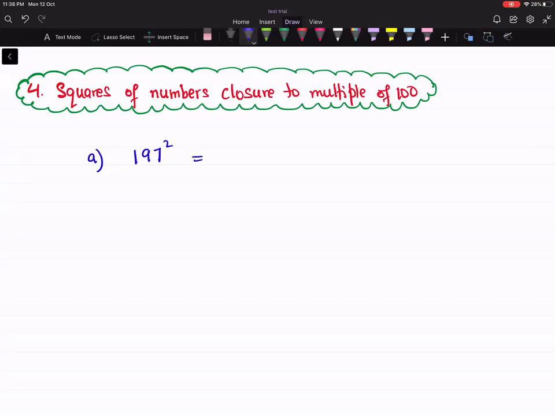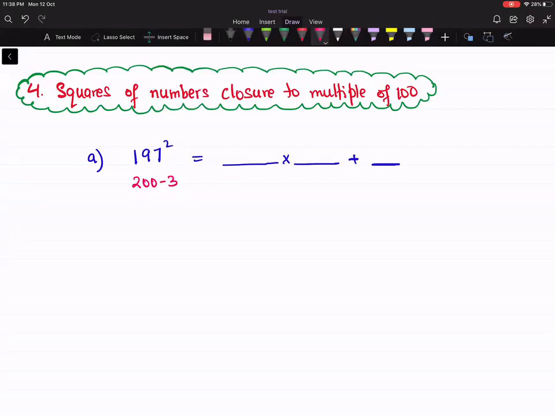So the way you can do it is, this is going to be product of two numbers plus a third number, right? This is the format. Now this product is including the numbers which are multiple of 100, so easy to find. Let's see here, this is 200 minus 3.